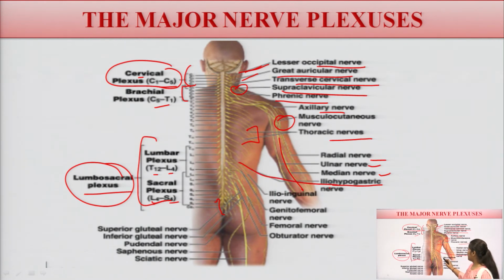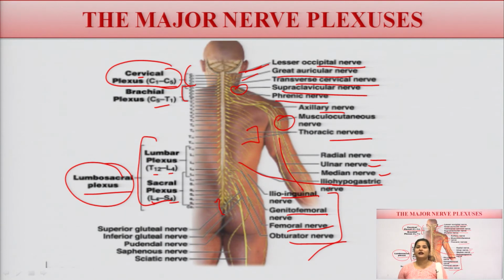Okay. Now this is a ilioinguinal nerve, genitofemoral nerve, femoral nerve, and obturator nerve. These all are present in the lower limbs. Okay, these are present in the lower limbs or the pelvic girdle.